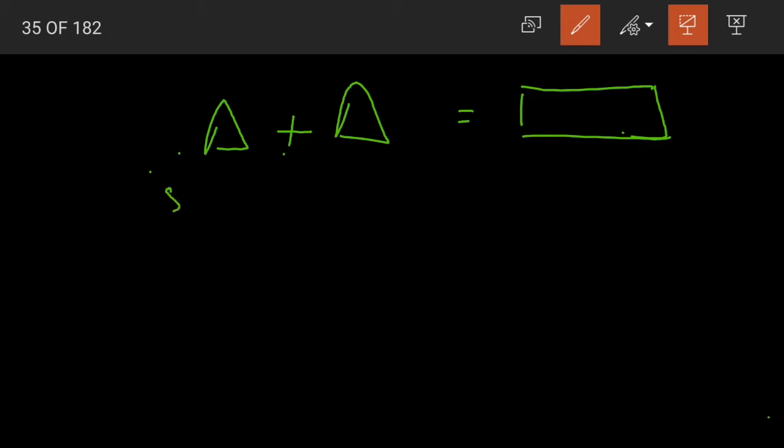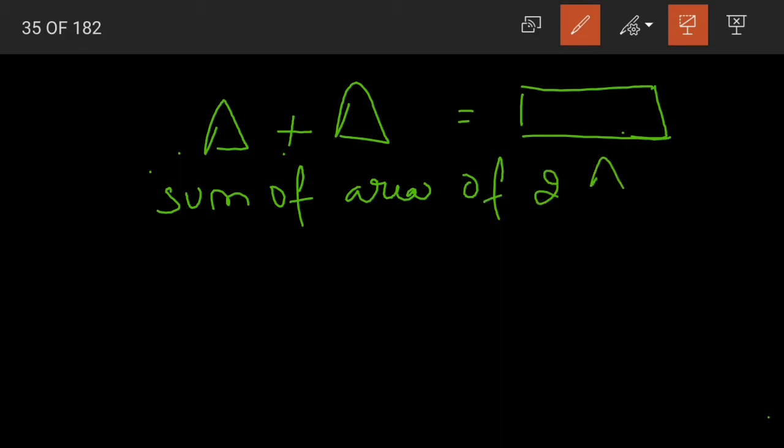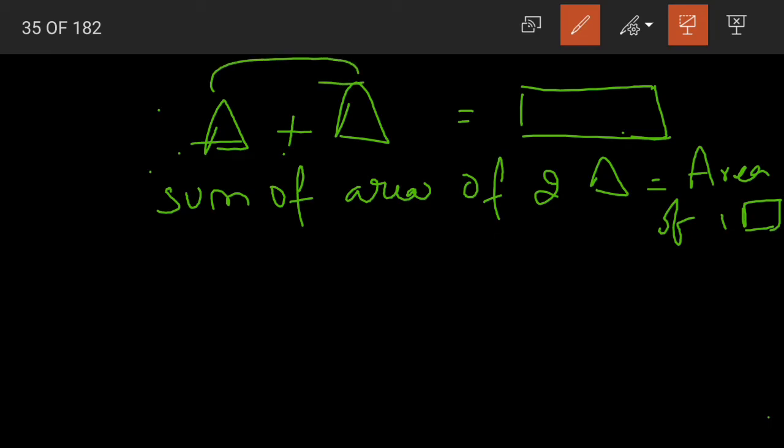So the sum of the areas of two triangles is equal to the area of one rectangle. From the activity that we have done, what did we observe? Two triangles is equal to one rectangle. The area is nothing but the space occupied, right?